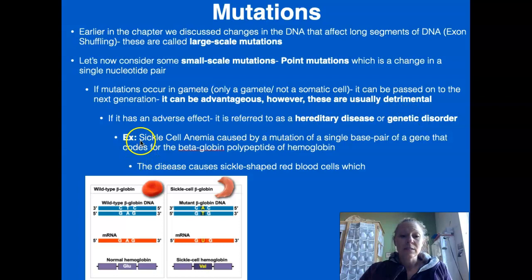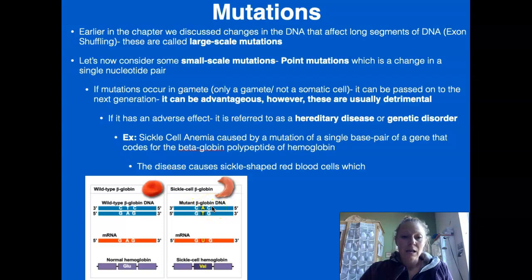An example of this is sickle cell anemia, and it's caused by a single base pair. So right here we can see one single point mutation. The original genetic sequence is CTC. However, it became CAC.